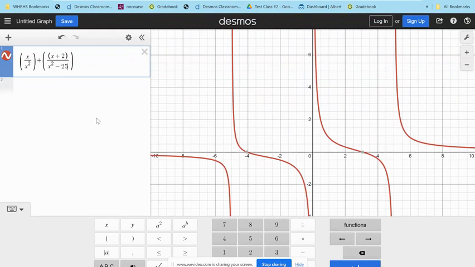So let's start off here. We said when will x squared be 0? x squared will be 0 when x is 0. So we have an asymptote at 0. And then we said, okay, when will x squared minus 25 equal 0? We factored it, so we got x plus 5, x minus 5. When will that equal 0? At negative 5 and at positive 5. And there are our asymptotes there.